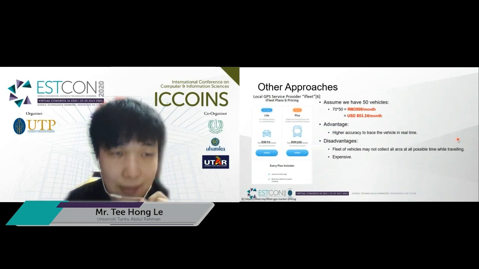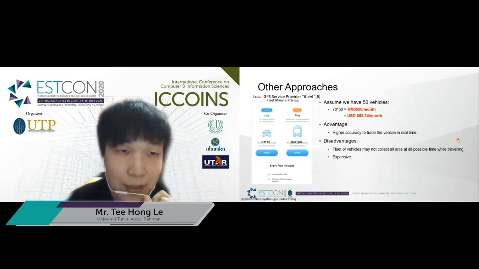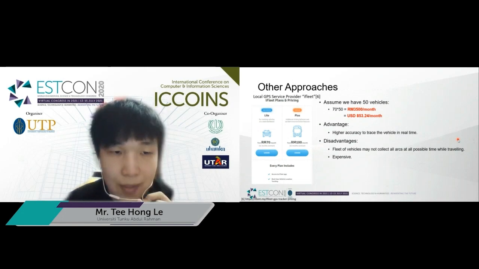The other approach is using a local GPS service provider. By referring to the pricing table from iFleet, assume that the GPS service is allocated into 50 vehicles. It costs $853 per month. The advantage of using a GPS service provider is that it provides higher accuracy to trace the vehicle in real time.